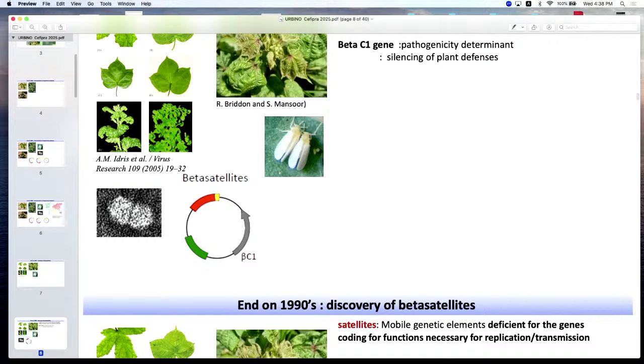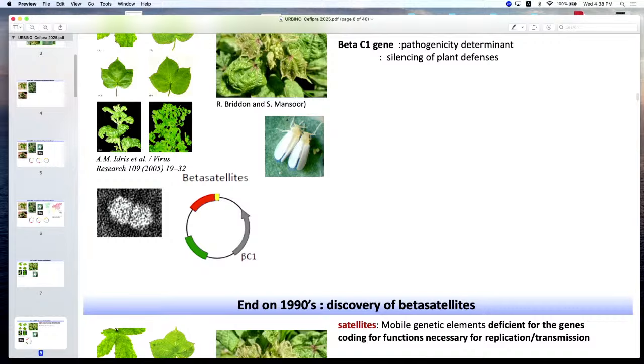A satellite is a mobile genetic element deficient for the genes of replication and encapsulation. It's not a virus, it doesn't have any homology with the virus. It is not independent. It needs a helper virus to be replicated and transmitted. So it's like a parasite of a virus.